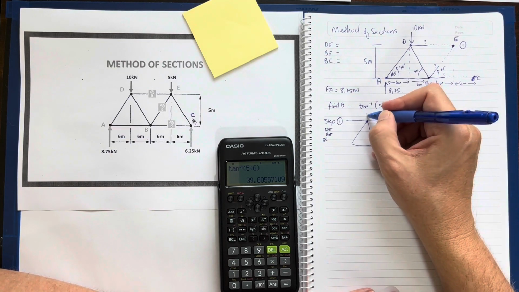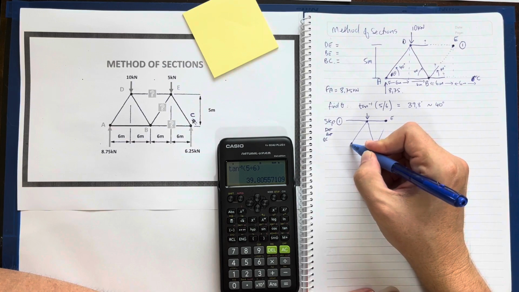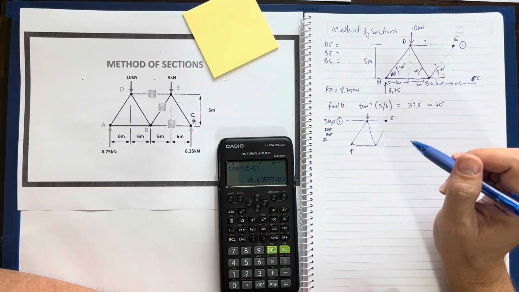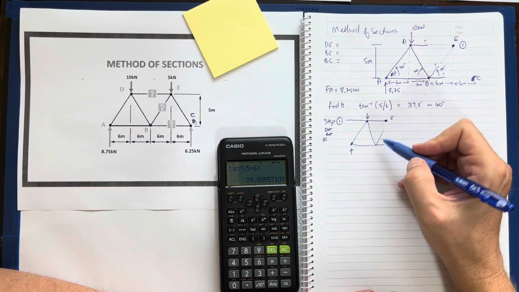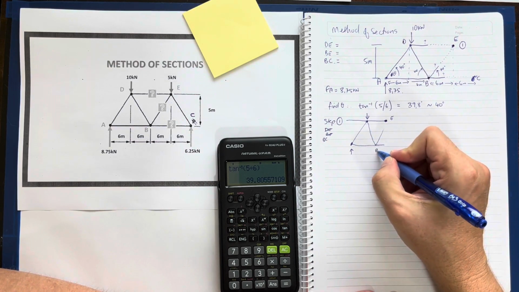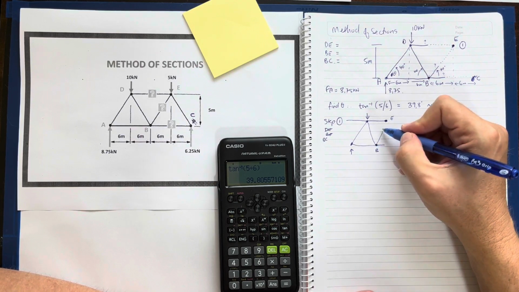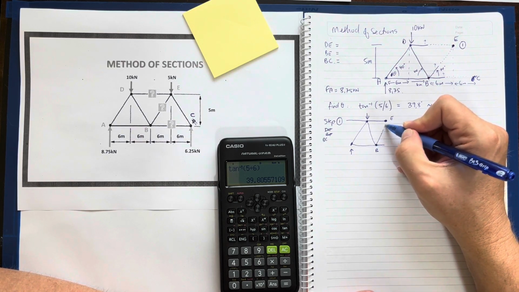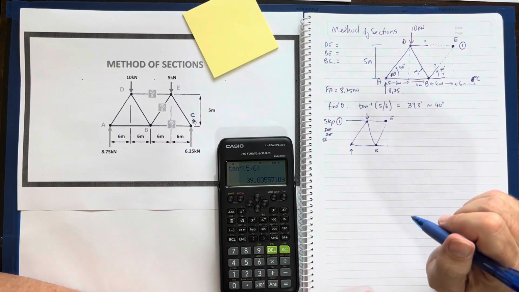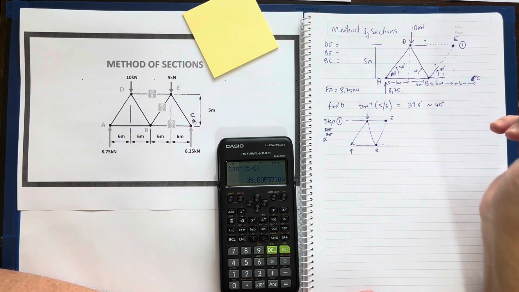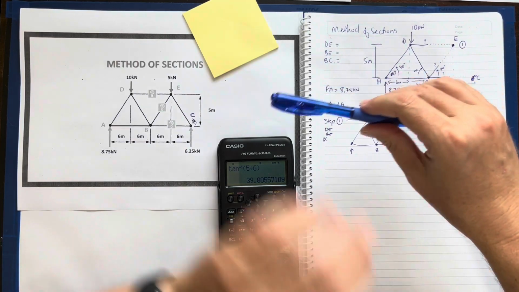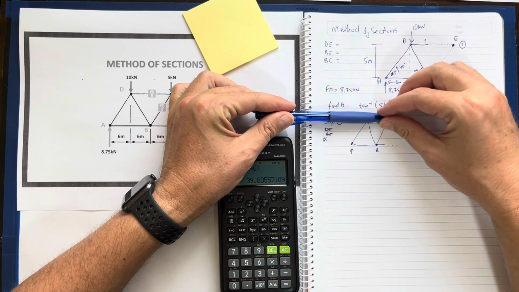I first look at the external forces, and then I look at the unknown force that I don't actually know of, but at right angles to it. Let me explain this to you now. So everything that goes around, I create myself a mini beam.